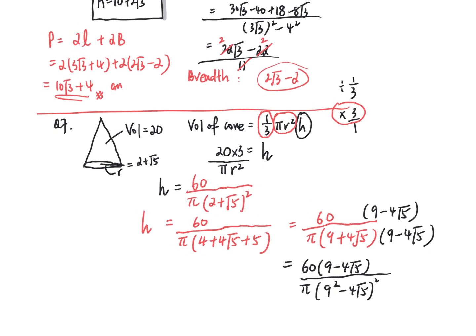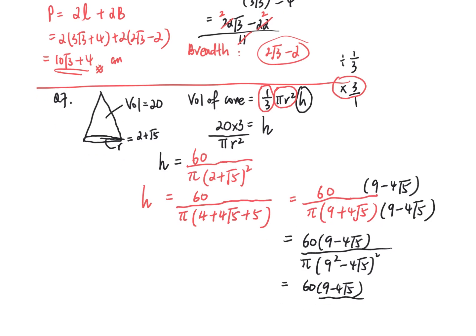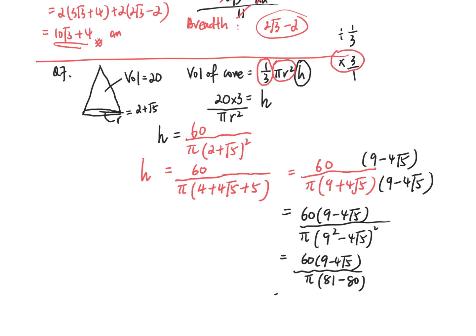So you eventually get (81 minus 80). Okay, shown. Not shown. They say in this form.